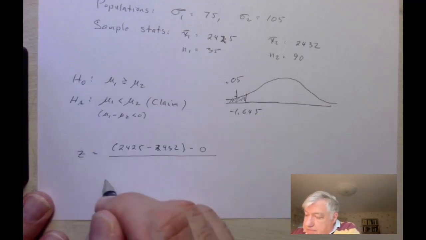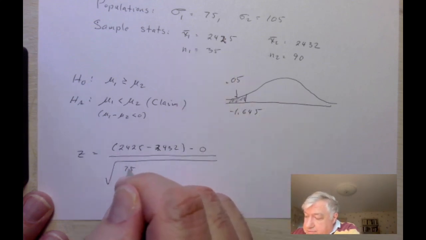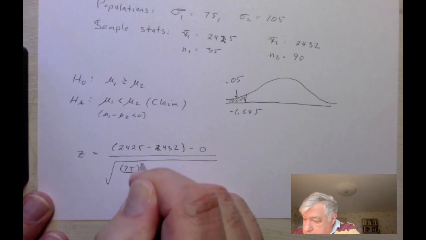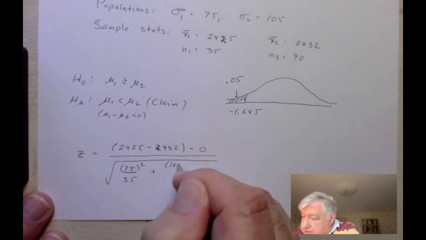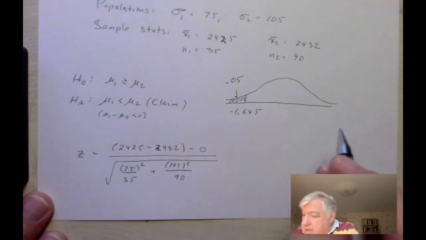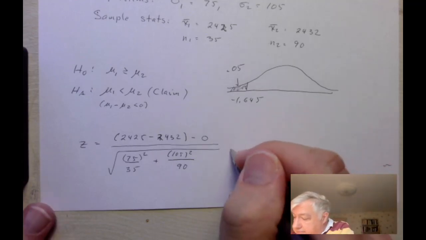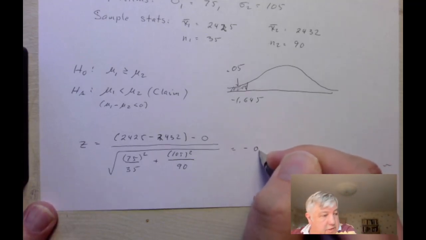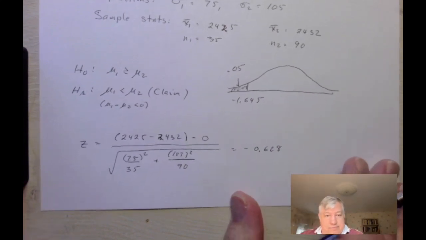This is divided by the square root of 75 squared over 35 plus 105 squared over 90. And this is equal to negative 0.628, I think.